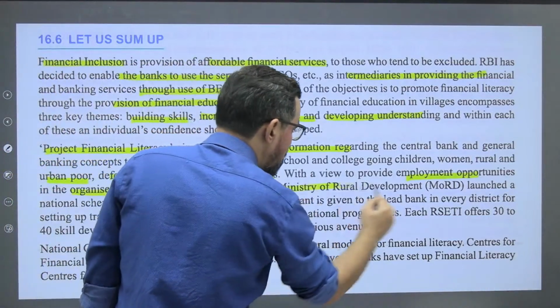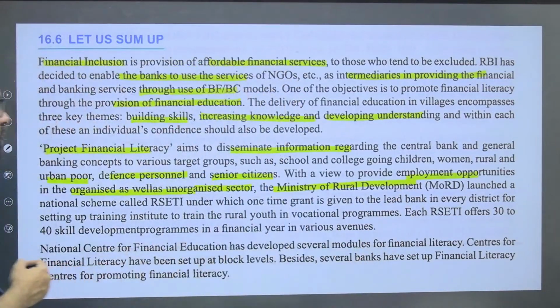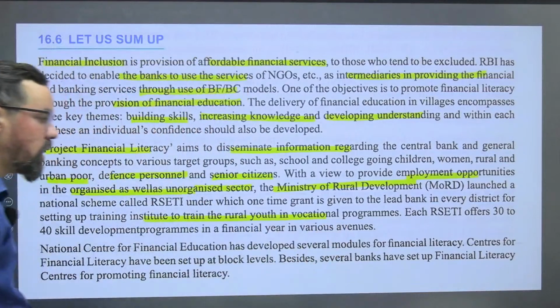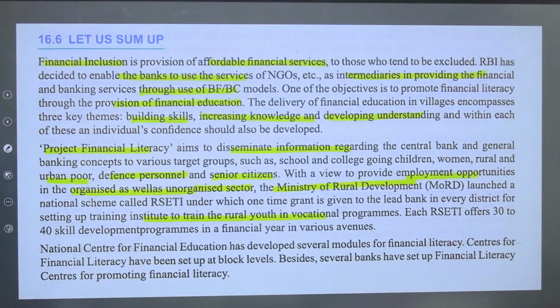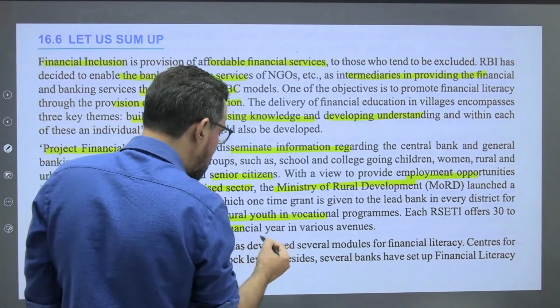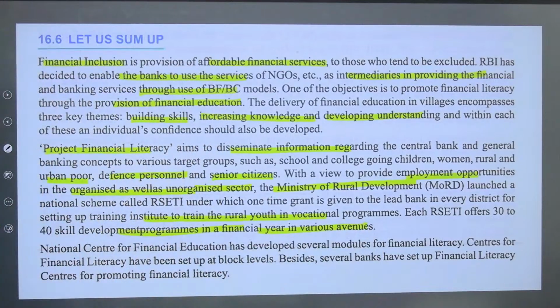The Ministry of Rural Development launched a national scheme called RSETI, under which a one-time grant is given to the lead bank in every district for setting up a training institute to train the rural youth in vocational programs. Each RSETI offers 30 to 40 skill development programs in a financial year in various avenues.